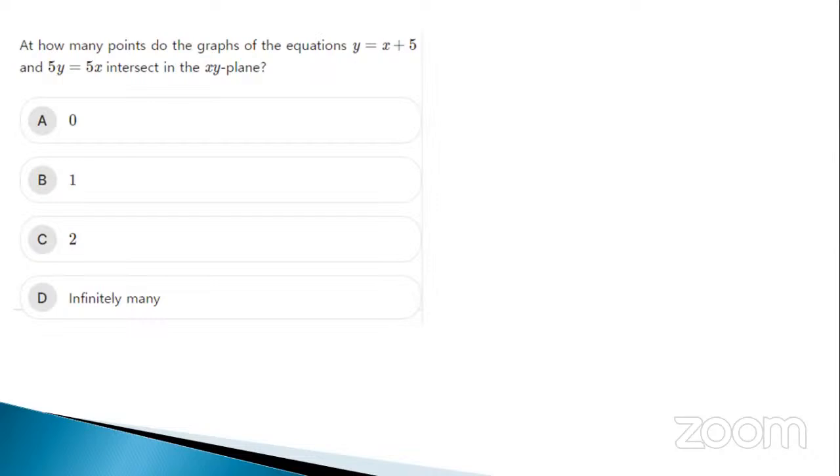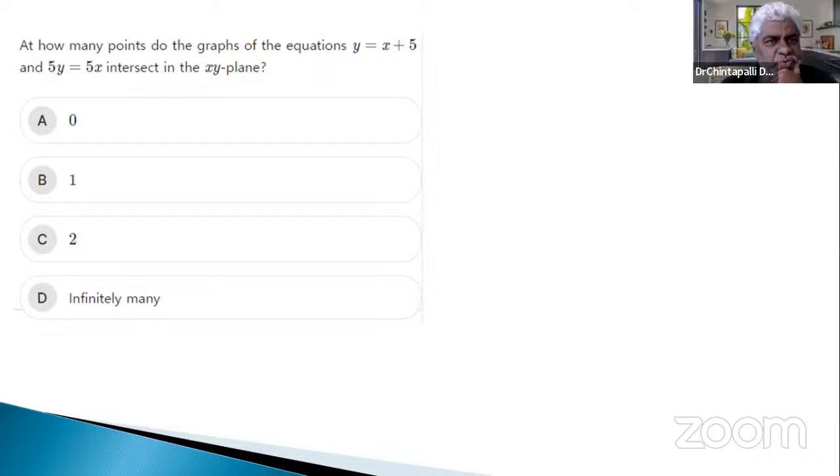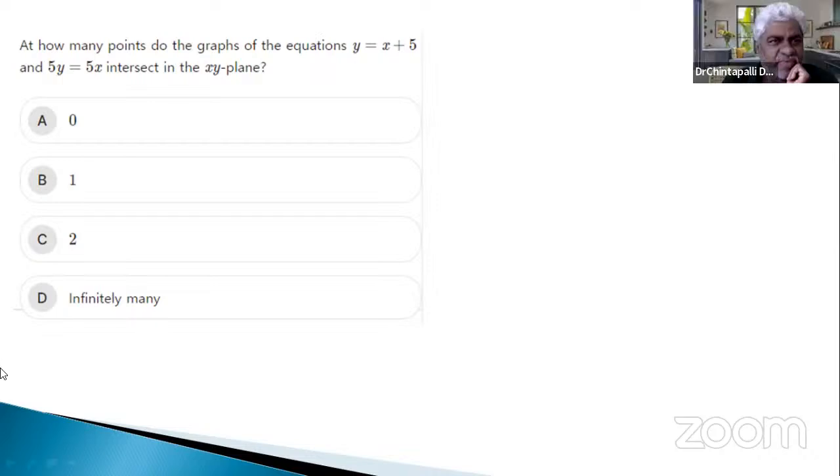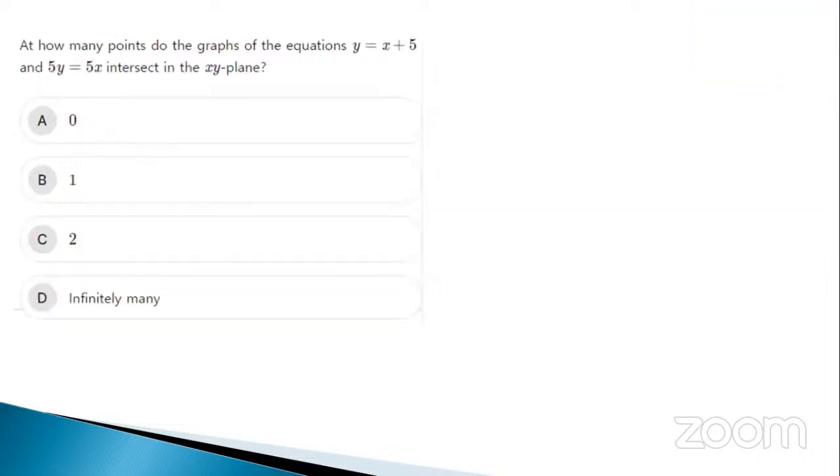So is it 0? You think there is no solution? I think so, sir, because y equals x plus 5 and y equals x will be the thing. So we can replace y by x.